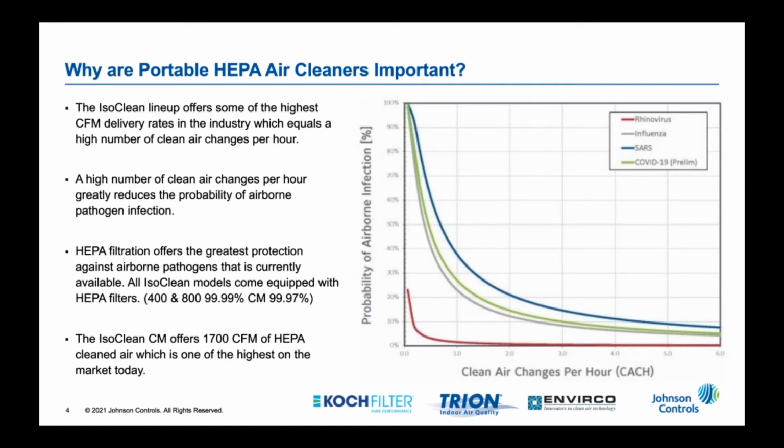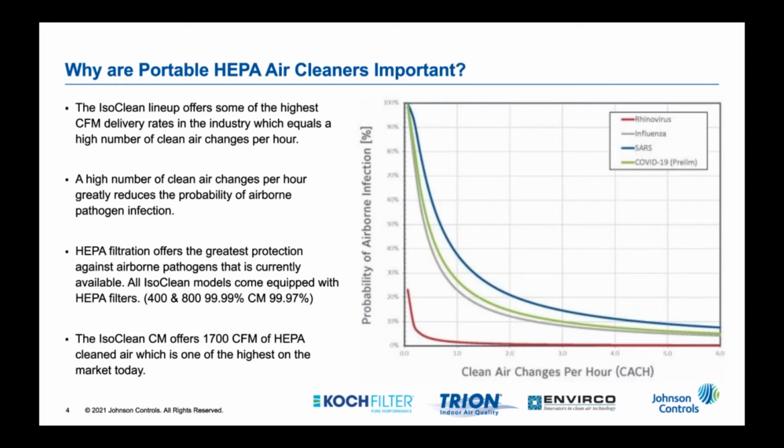Johnson Controls has done some research with the University of Wisconsin, and they took that data and applied what is known as the Wells-Riley equation to come up with this probability of airborne infection. You can see on the right in the legend, there are some different types of pathogens, and that's plotted against air changes per hour and probability of airborne infection.